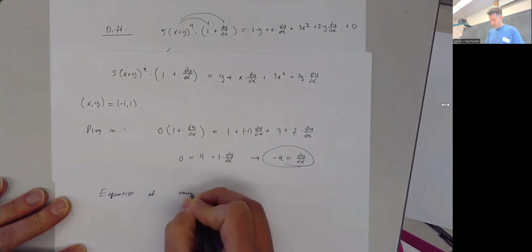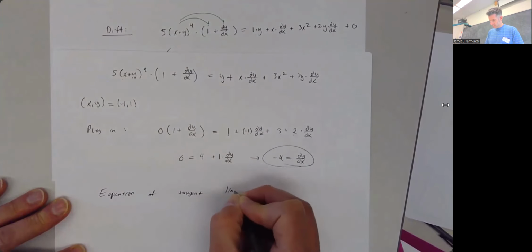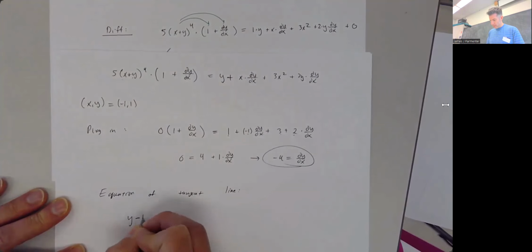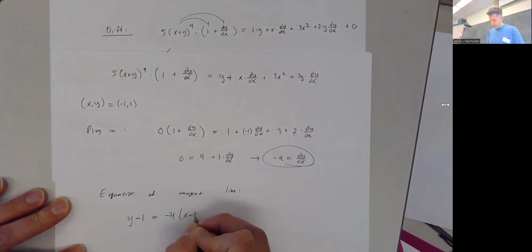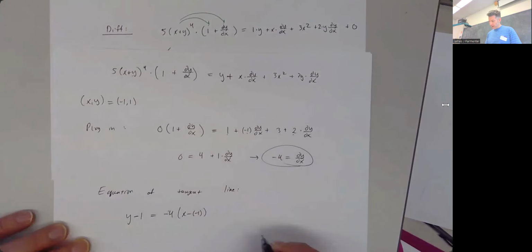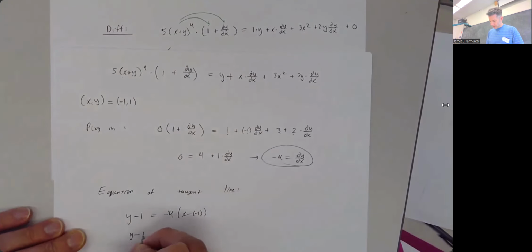is going to be y minus the y coordinate equal to your slope times x minus the x coordinate, which we could simplify as y minus 1 equal to -4 times (x plus 1). y minus 1 equals -4x minus 4.